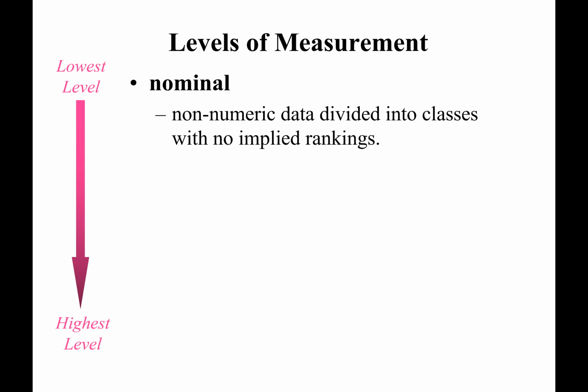The first one is actually no numbers, non-numeric data, and you just divide people into classes. So I could have people with brown hair, people with black hair, people with blonde hair. Well, it's not a good example here because I'm blonde. But I could go ahead and group you guys, okay? It's one way to sort you out, but it counts as a type of scale.